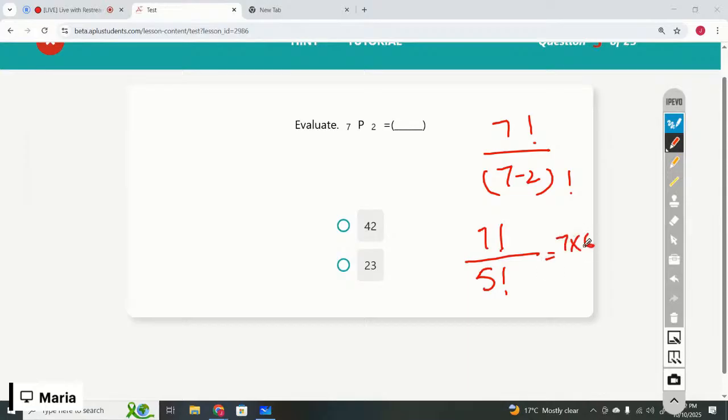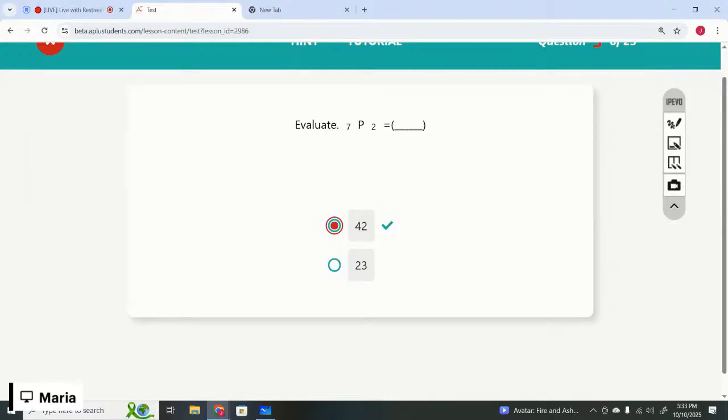So 7 times 6 times 5 factorial divided by 5 factorial. 5 factorial cancels out. 7 times 6 is 42. That is 42. Option number 1 is the correct option.